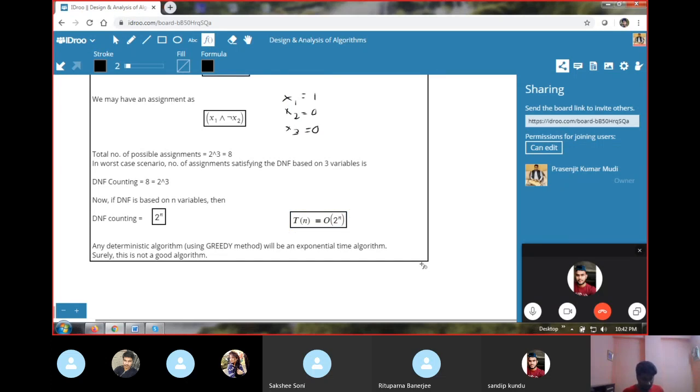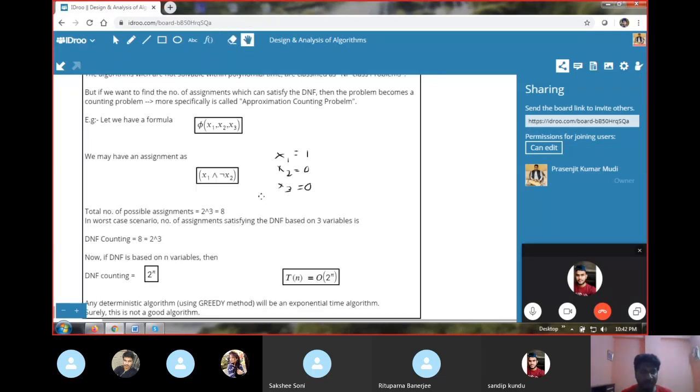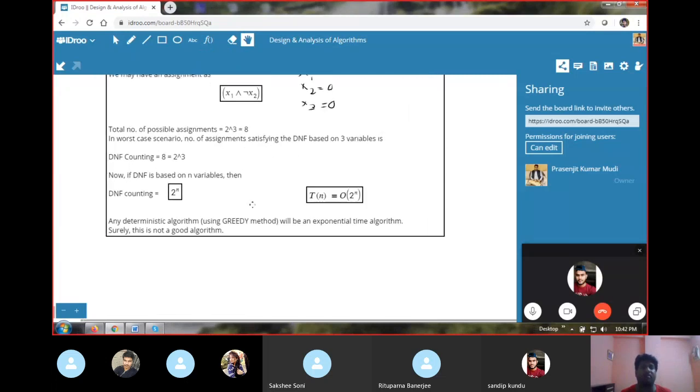I hope you can understand why we are trying to come to the picture. We definitely have a deterministic algorithm, but it is taking exponential time, 2 to the power n, even for solving this kind of a very basic problem, DNF counting.